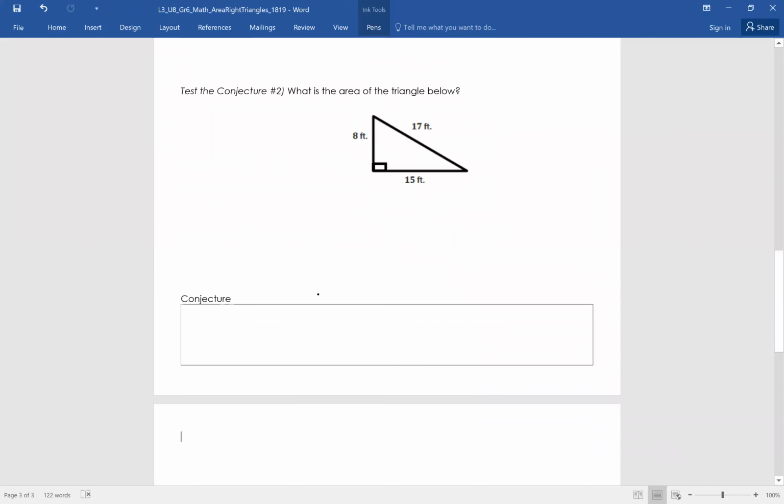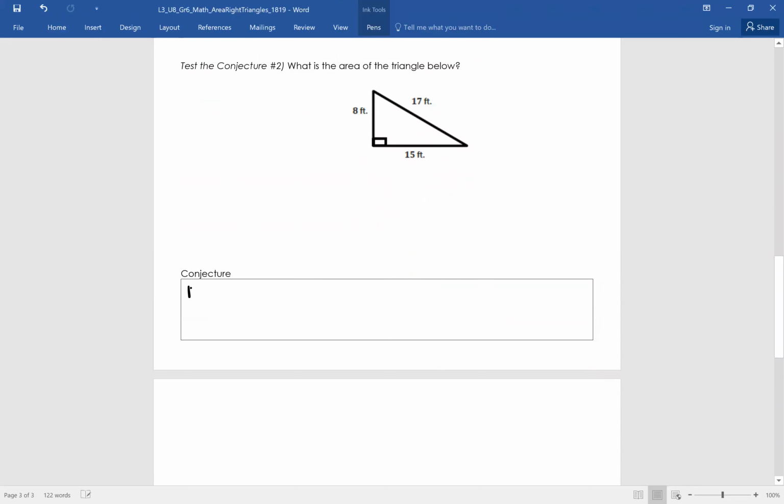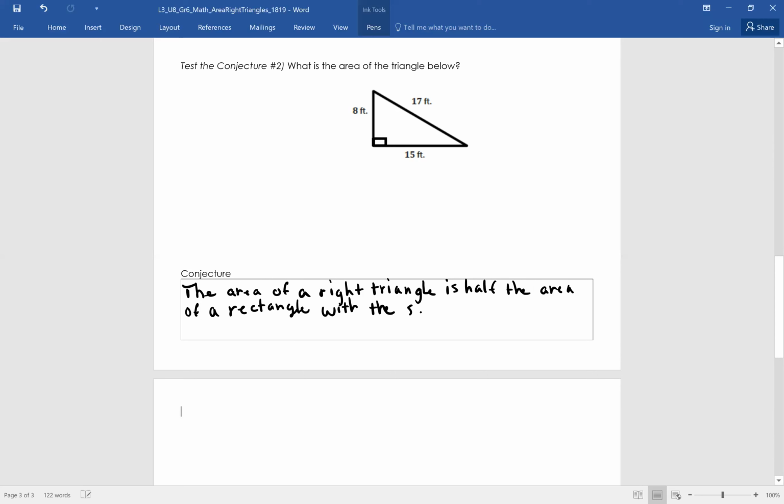So from my example that I just did on the previous page, I'm going to say that the conjecture will be the area of a right triangle is half the area of a rectangle with the same base and height.